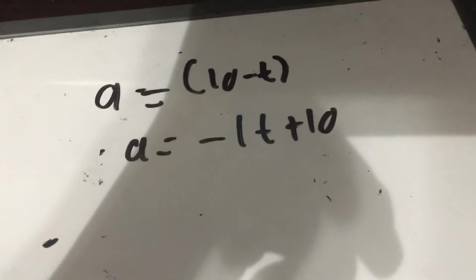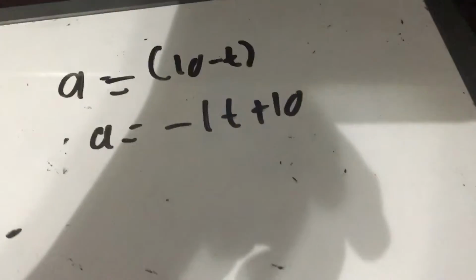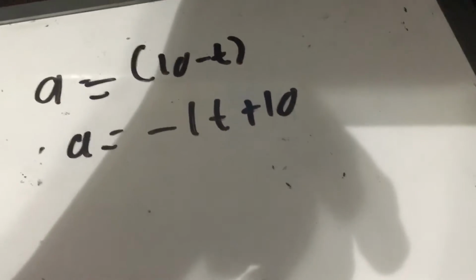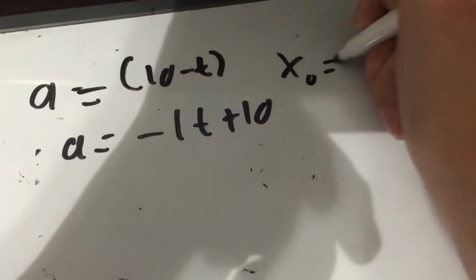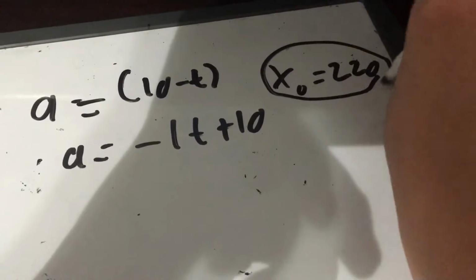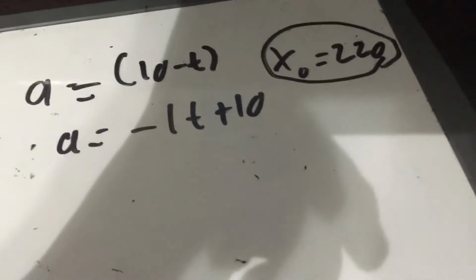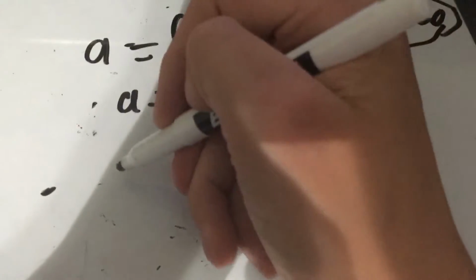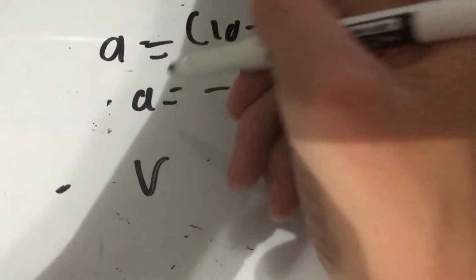Now that we have our function for acceleration, it wants us to find at what time is the velocity 0. Wait, first of all, when you look back at the problem and realize that our initial is not 0, it is 220. This will come important later. And all the other initials are 0, so those don't matter. So the velocity at 0, so we're trying to find v, and we have the equation for acceleration.